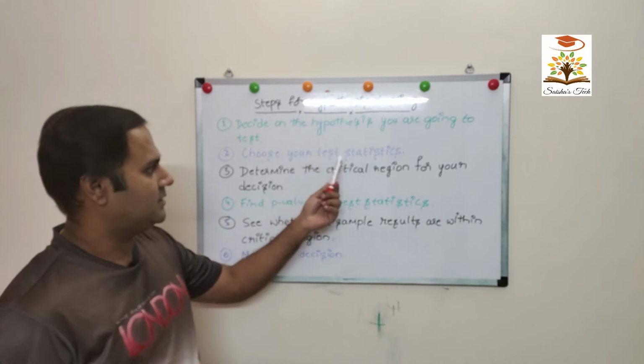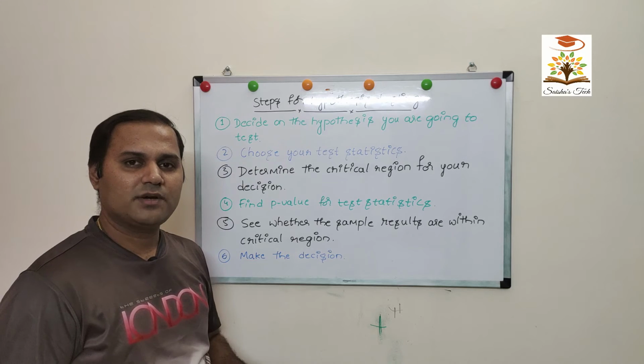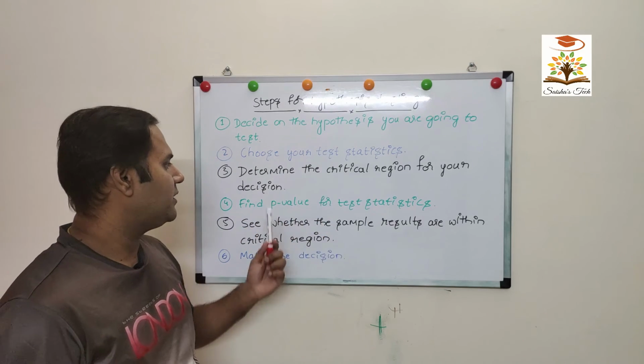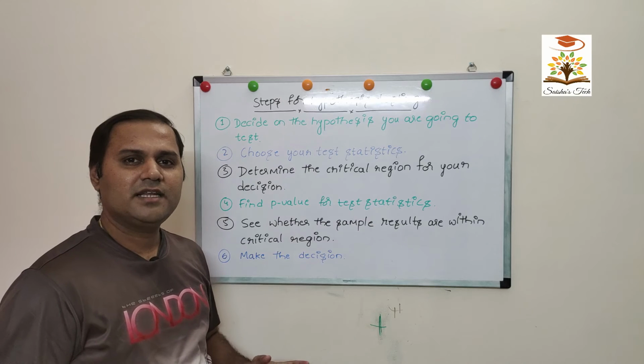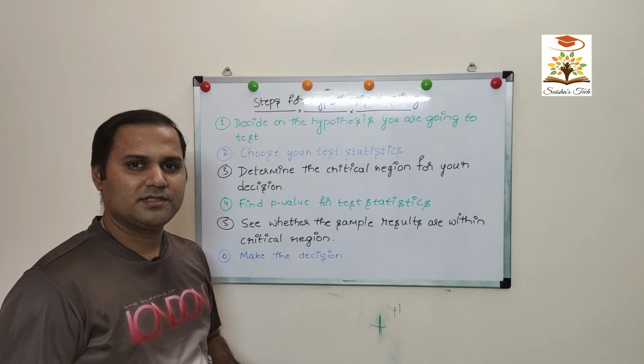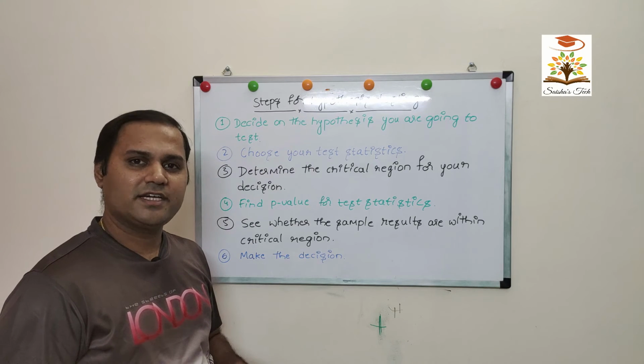Choose your test statistics. The statistics which we choose should best suit our claim. Determine the critical region for your decision. There should be a certain level of uncertainty in testing of our hypothesis. Usually industry standard says 5% is acceptable.